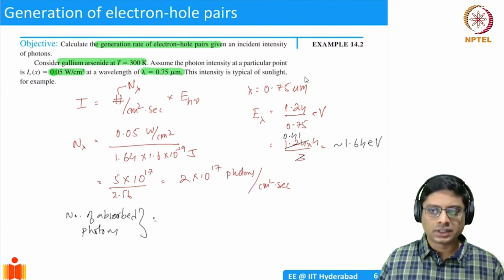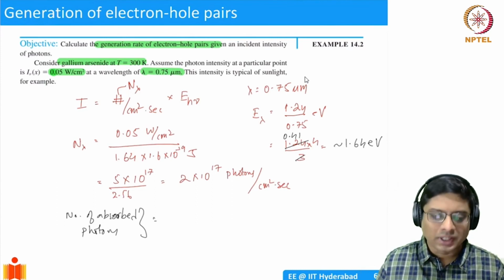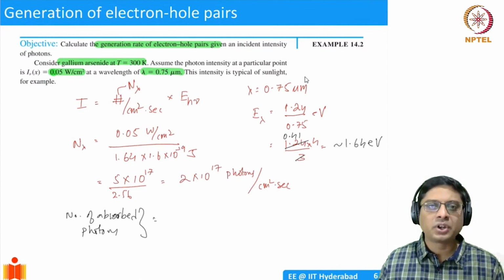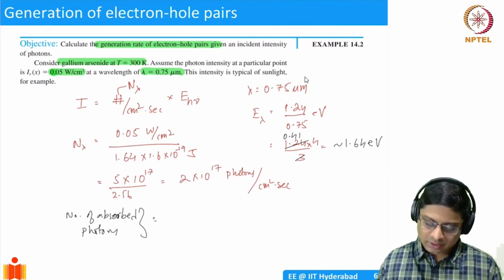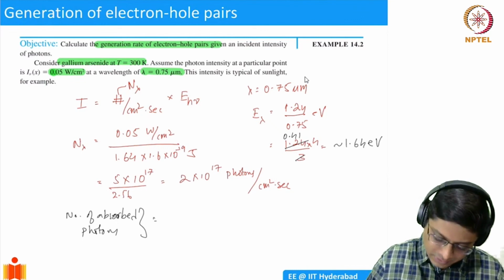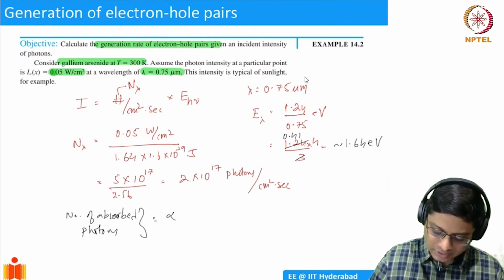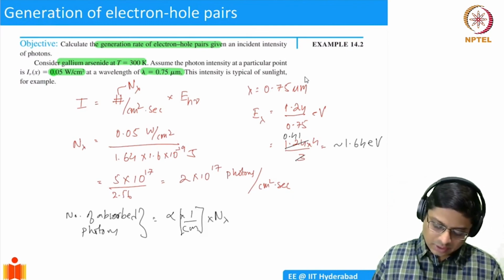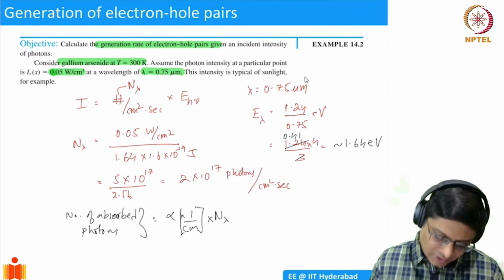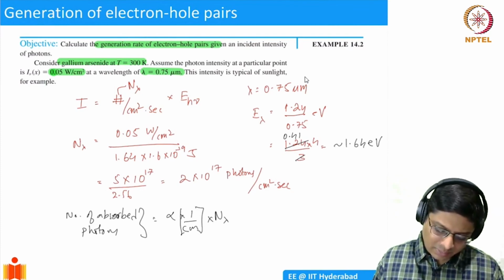At a particular point, the absorption coefficient will give you how many photons are getting absorbed. Alpha is in units of per centimeter, times n lambda. And this is gallium arsenide at 0.75 microns.